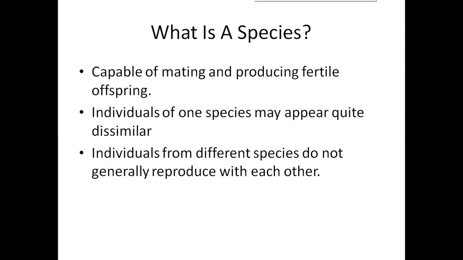It has happened on occasion, but typically it's either unsuccessful or they just choose not to because of those different isolations that we talked about in the evolution chapter, like behavioral isolation, where they have different mating behaviors that are very individualistic and wouldn't attract other species, or temporal isolation, where they just aren't mating at the same time. All right, so remember, species are capable of mating and producing fertile offspring. Moving on.